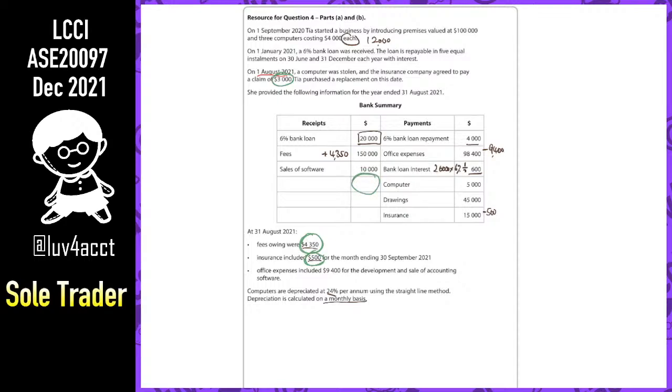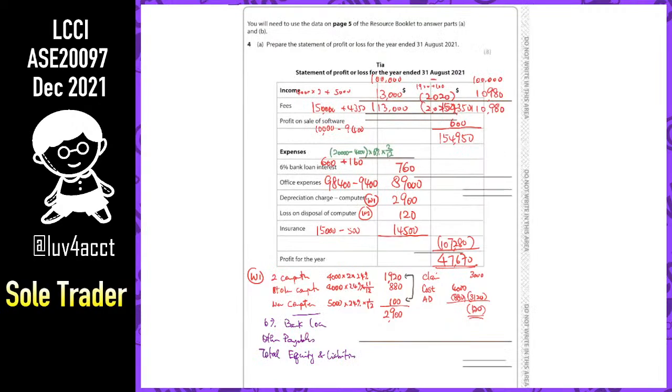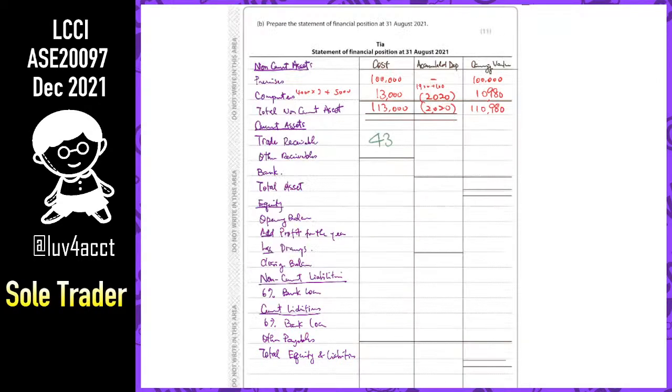It is not from trading, so it goes to other receivables. Here we have 4,350, and for other receivables you have this 3,000, the insurance claim, plus the 500 prepayment, so 3,500, and 7,850.